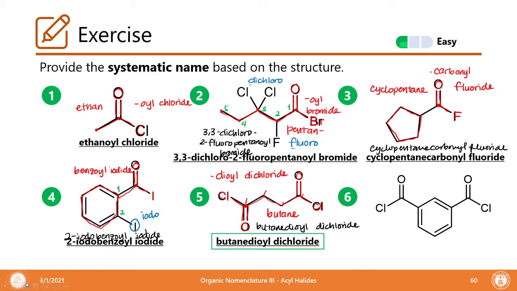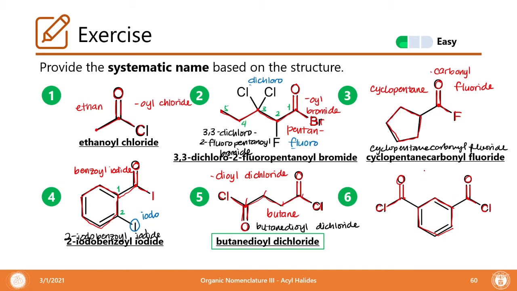And for number 6, we have 2 acyl halides, each of them directly connected to a benzene ring. In this case, we cannot use benzoyl chloride because we now have 2 of the parent functional groups. Benzoyl halides are only applicable to monoacyl benzene halides. For this case, we will have to use our carbonyl halides.